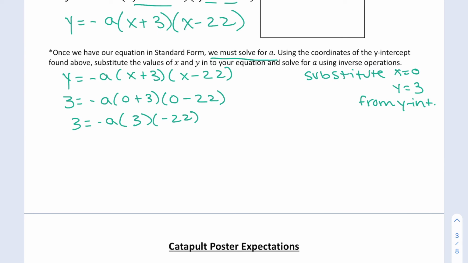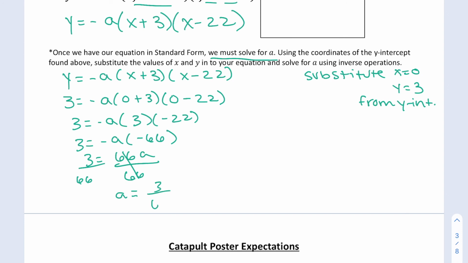If we are multiplying those together, 3 times -a times 3 times -22 is -66. 2 negatives make a positive, so this becomes 66a. And then using inverse operations, divide by 66 to get a is equal to 3 divided by -66, which simplifies to 1/33.